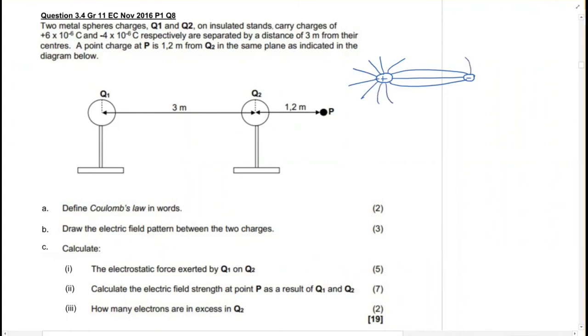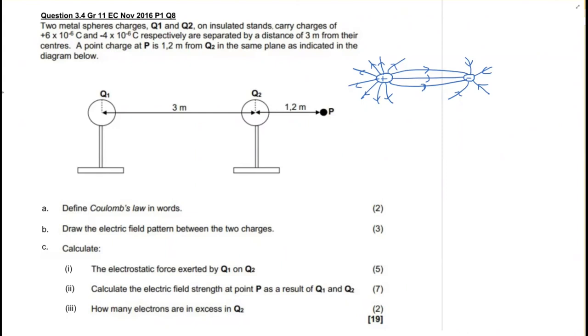And I'm going to try and put fewer lines here, so that it's obvious. Okay, and now it's going from positive to negative, so away from positive, and towards negative. What's this one doing? Okay, something like that. Practice those. Don't just go, oh, that's easy, I can do that, I don't need to practice it. Practice it.